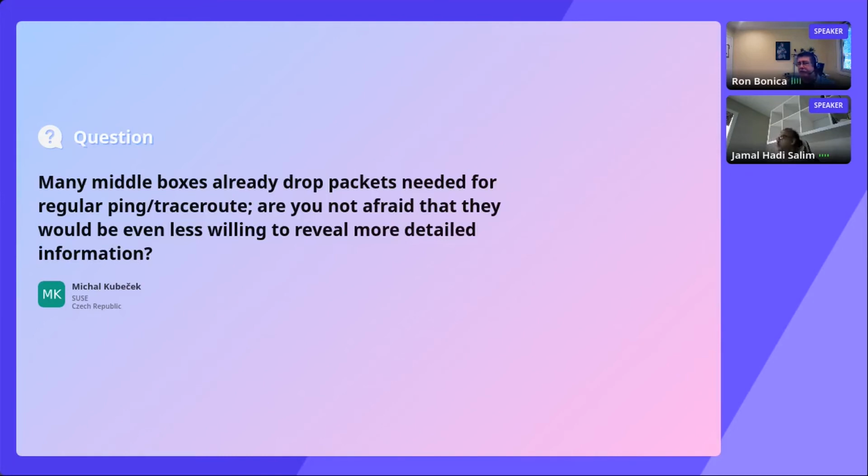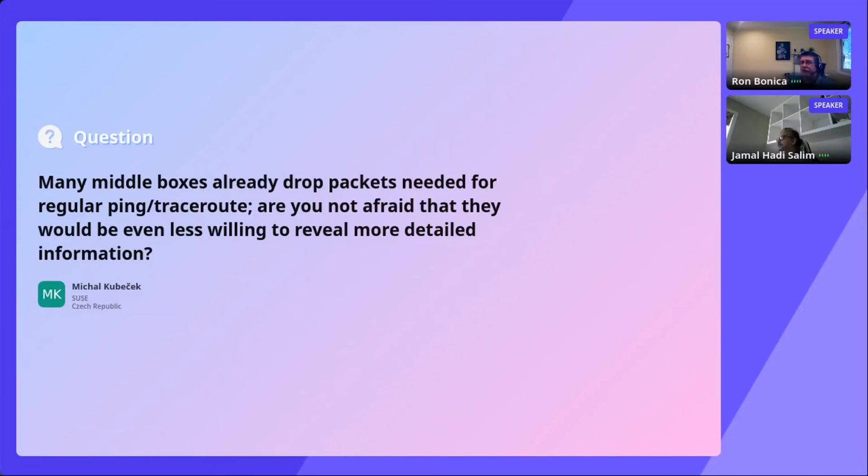This gives them a third choice: send no information at all, and if they do that, fine. Send only the information that they can send today, and if they configure that way, fine. Don't enable this new feature.